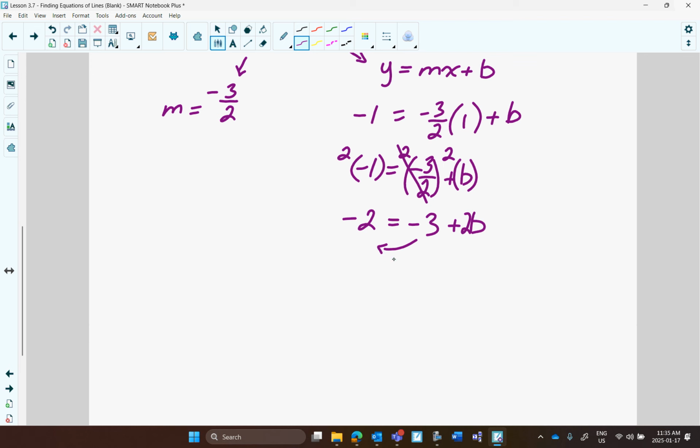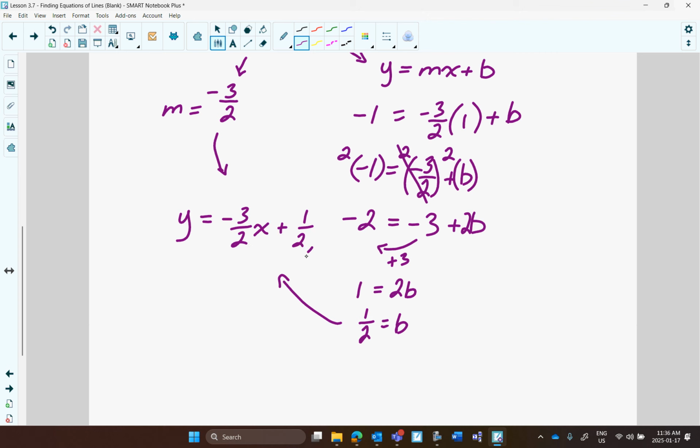Take the 3 over by adding 3, and I get 1 is equal to 2b. Divide both sides by 2, and I get b equals 1/2. Put those together to make the equation that we're looking for, y equals -3/2 x plus 1/2. Okay.